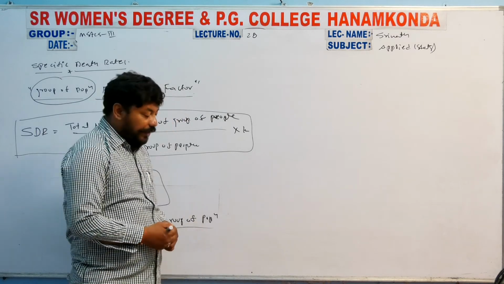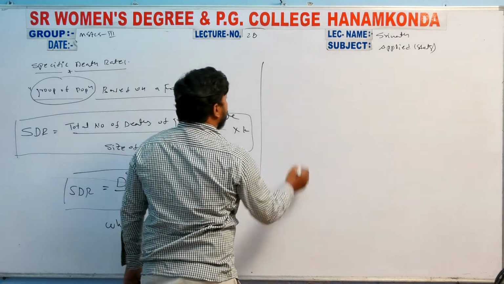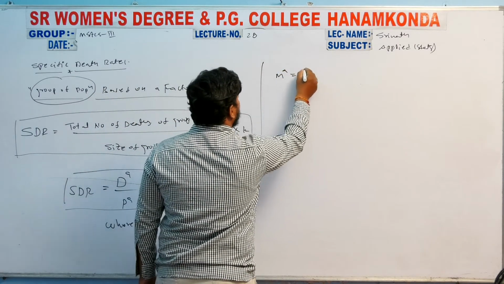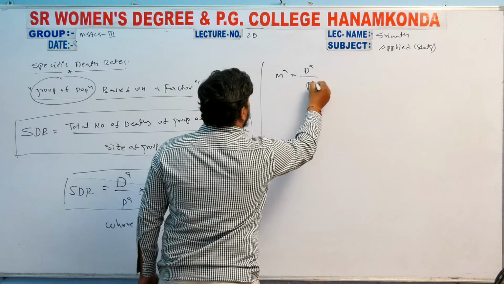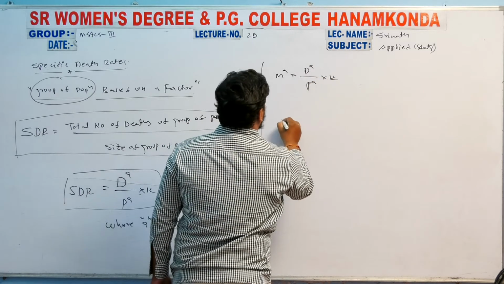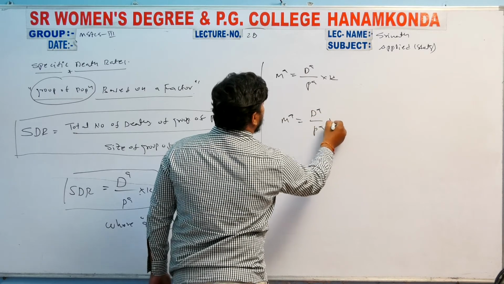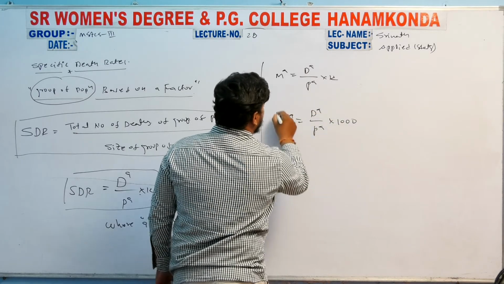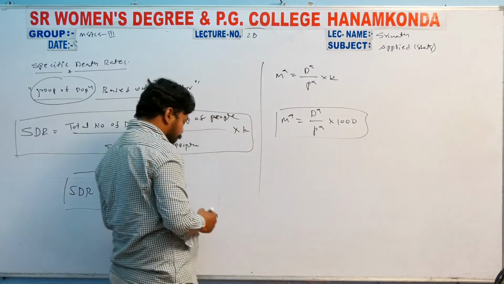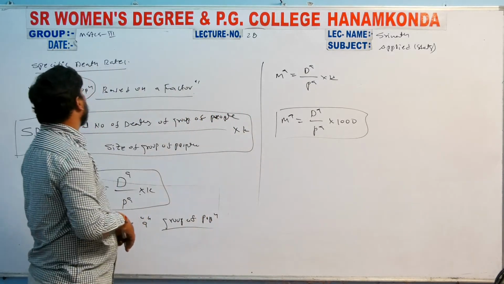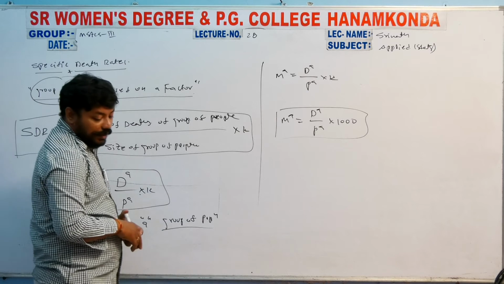And mortality MA is equal to DA by PA into K, and MA is equal to DA by PA into 1000 is the formula of specified death rate.